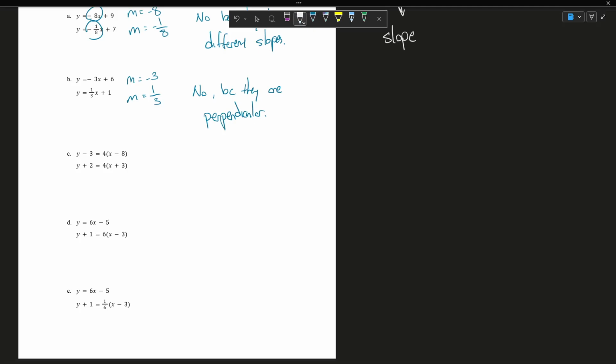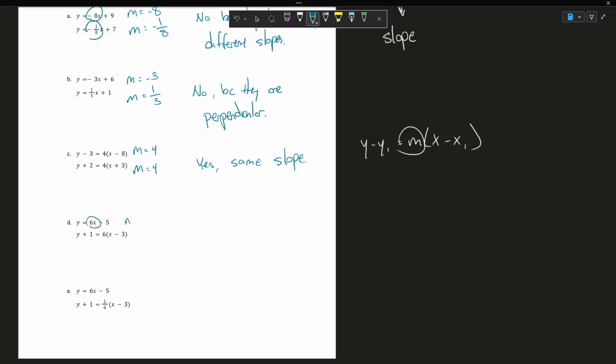Okay, so this one is point-slope form. y minus y1 equals m(x minus x1), where slope is the number outside. So this is m equals 4, m equals 4. So yes, same slope. This one, we have two different versions.